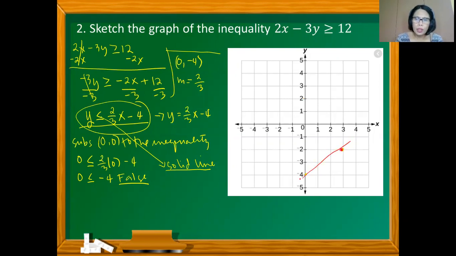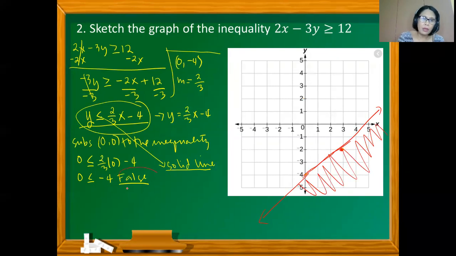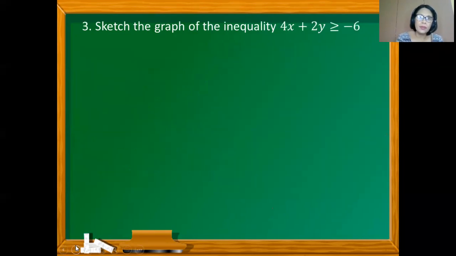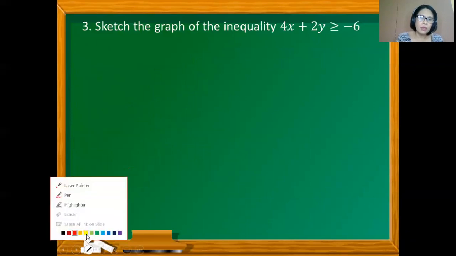Let's assume that this should be the shaded region since we come up with a false statement when we substitute 0, 0 to the inequality. So 0, 0 should not be part of the inequality. So how about this one?